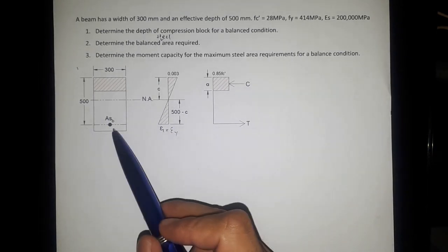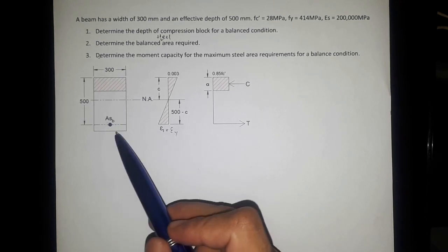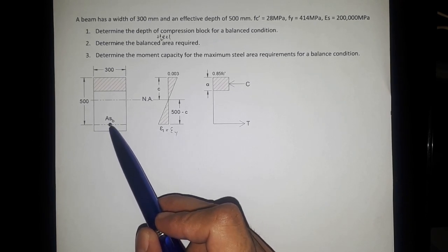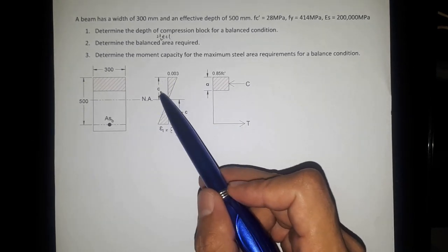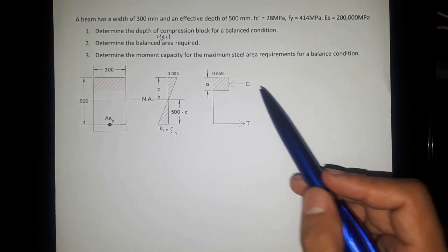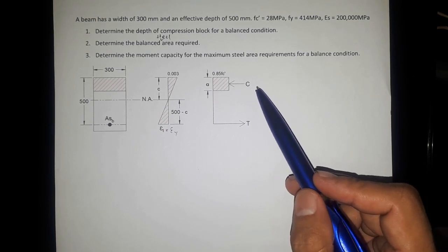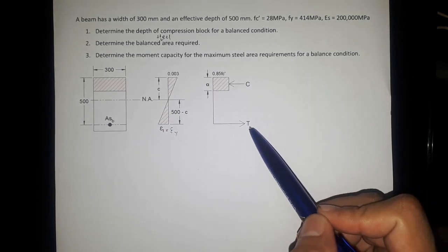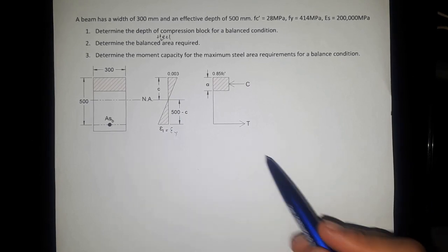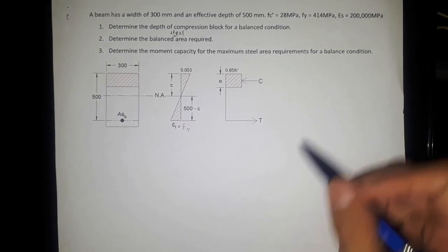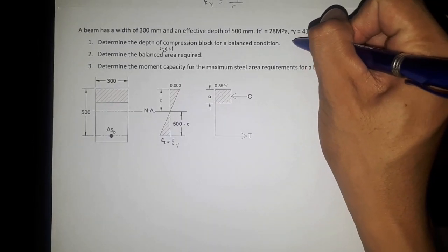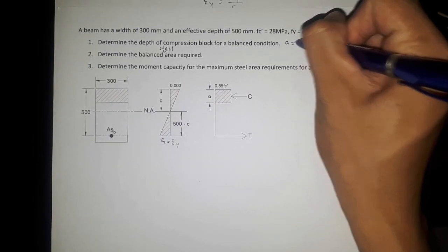So, this effective depth galing dito sa pinakataas hanggang sa centroid ng reinforcement. So, this is the depth of the neutral axis. This is the compression block. This is your C. And this is your T. This is your balanced steel area. This is 500 minus C. So sa number 1, we are required to solve for the value of A.